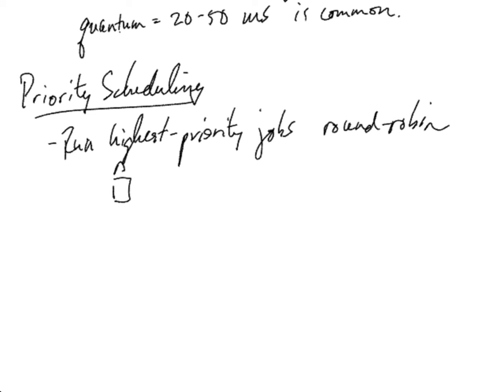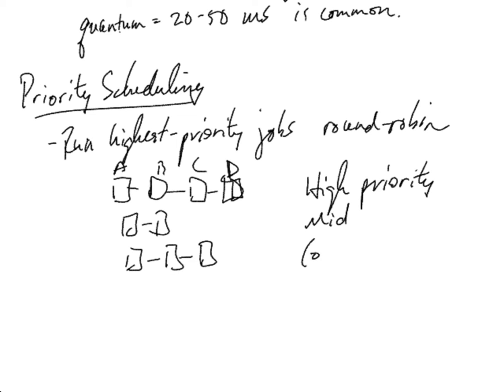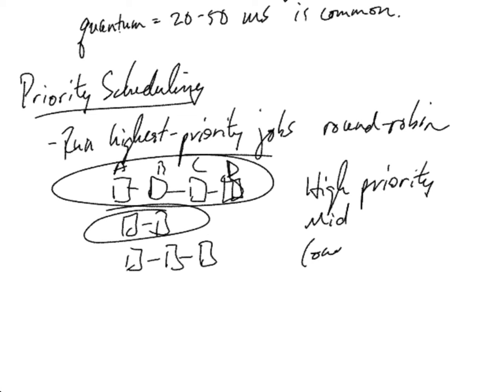We have process A, process B, process C, and process D, and those are all of high priority. Then we have a couple here that are of mid priority, and then a few that are low priority. We're going to run all of those, and as soon as we're done with all the high priority jobs, we'll run the mid priority and then the low priority.